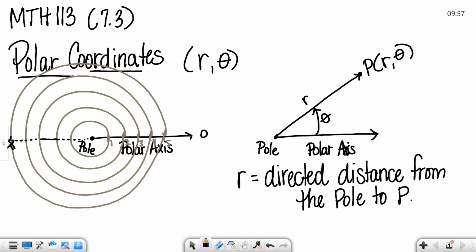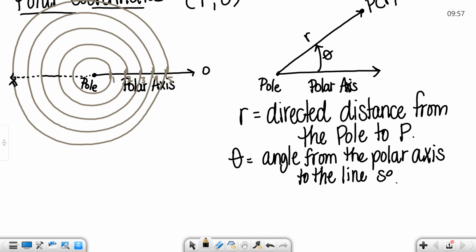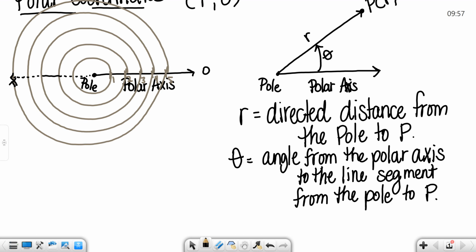And then theta is an angle, just like I've drawn right there, from the polar axis to the line segment from the pole to that point P. So I've got that diagram drawn for you.